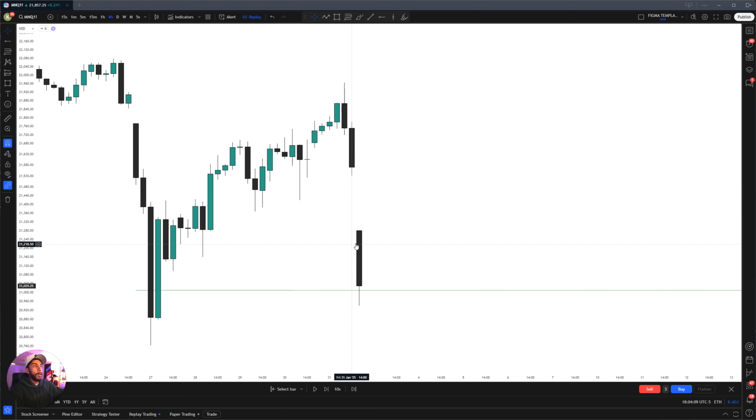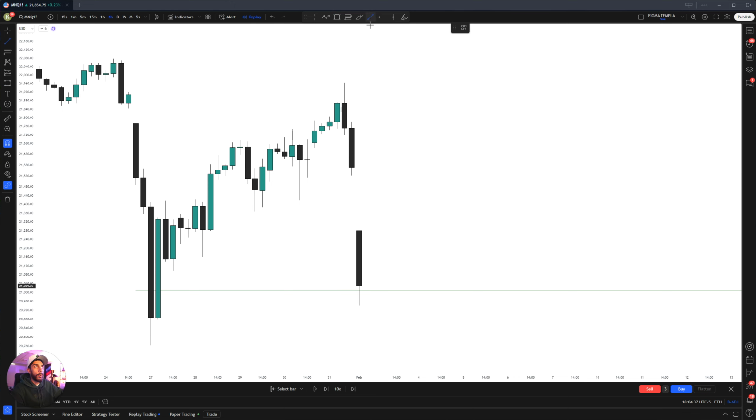So we're going to get right into an example here. You guys can see that we have this big gap lower, right? And this green level here signifies a daily key level, okay? So this is where price is most likely to reverse. I already have this level pre-marked out because this is where we expect price to get a reversal, right?